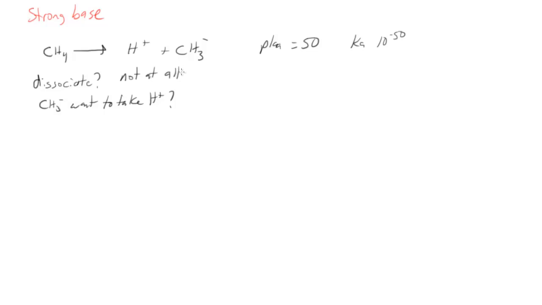If you put it into some kind of a spectrometer that you could look at molecules, you won't see any of them that are apart because there's 10 to the 50 that are together for every one that's separated. So how much does it want to dissociate? Not at all. So what kind of acid is that? We'd call that a negligible acid. It really doesn't act like an acid at all. A strong base, negligible acid.